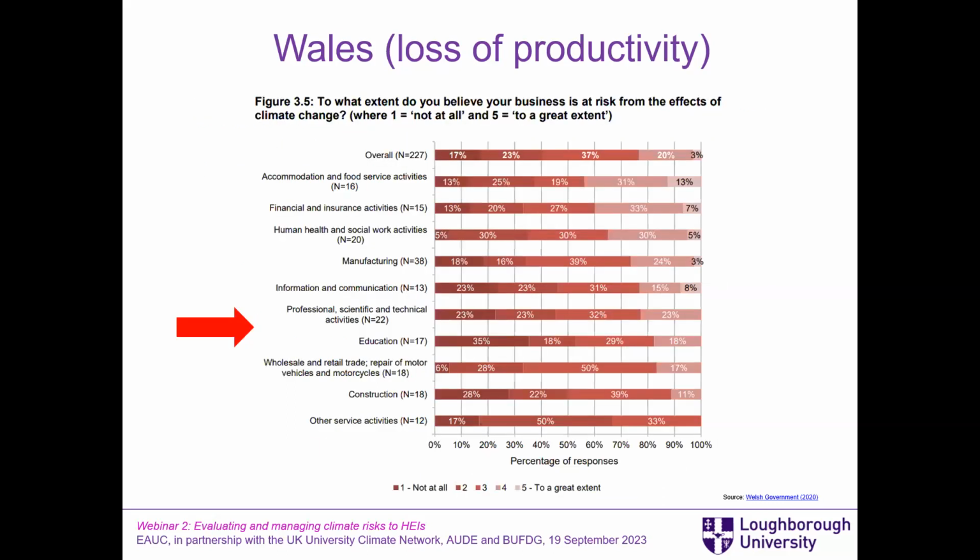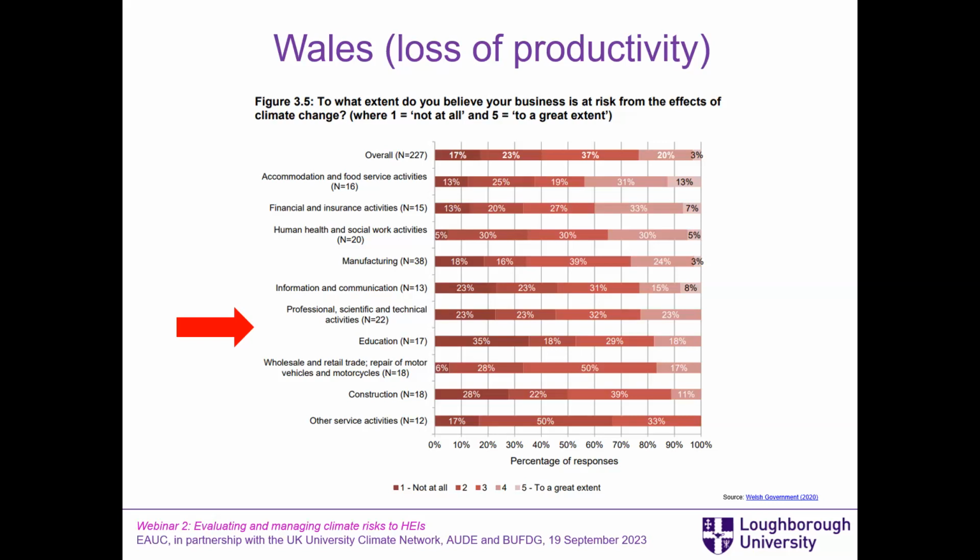And then finally, just to say that from the Welsh study, it's clear when we compare the educational and the professional, scientific and technical sectors indicated by the red arrow with other sectors, we're not actually the most vulnerable to business impacts from climate change. Not surprisingly, others related to human health, finance, and other services are more vulnerable.